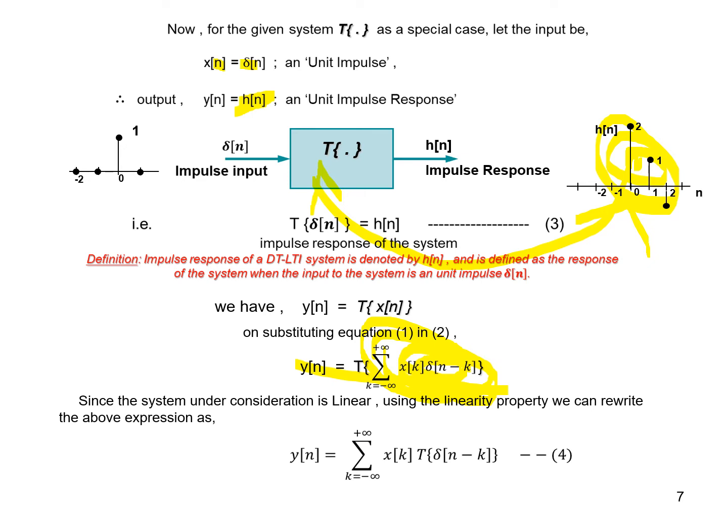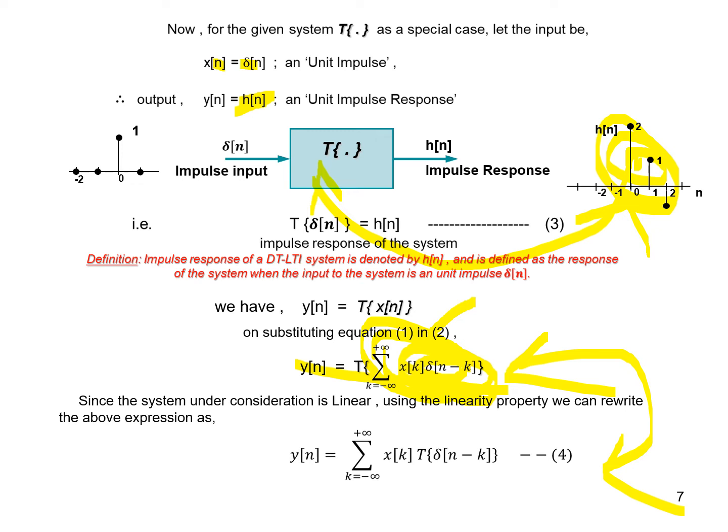See what I did here. Compare this equation and this equation. I'm taking T, this entire system, inside up to here. y of n is equal to T of summation x of k delta n minus k, and I'm writing it as summation of x of k T of delta n minus k.